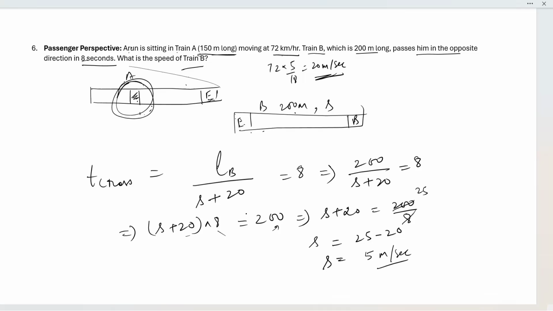I hope I'm not making any mistake. Yeah, I think that's okay. So 5 meter per second is the speed of train B. And in kilometer per hour, it will be 5 into 18 by 5. So this will become 18 kilometer per hour.